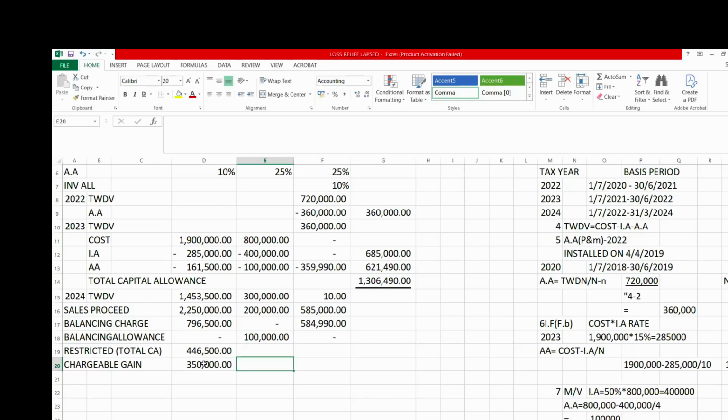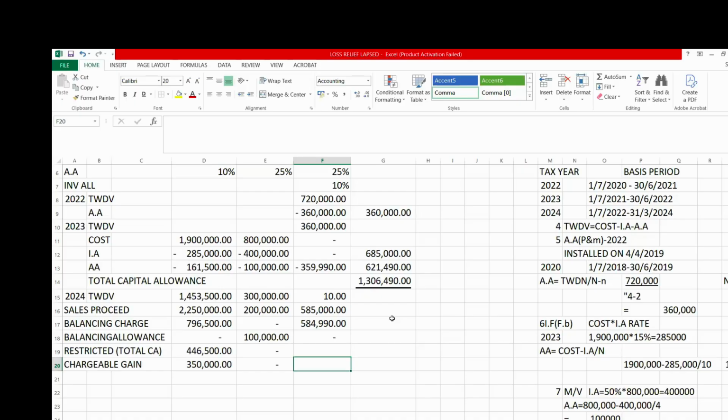That principle is not applicable to balancing allowance. So for balancing allowance, there is nothing like restriction to total capital allowance. Then we also have a balancing charge here of 584,990. We are not given the cost of this particular asset, but we can get the total capital allowance already claimed.